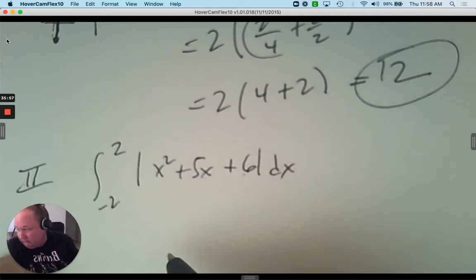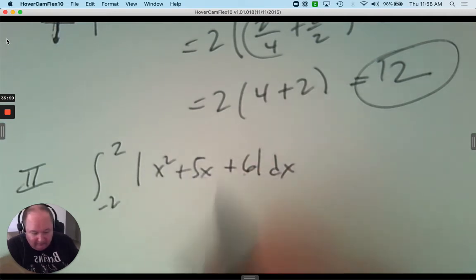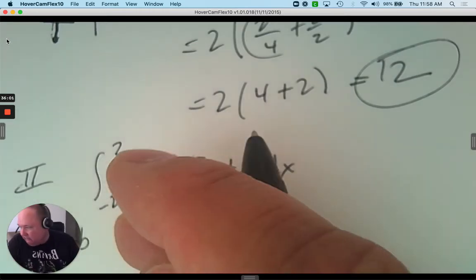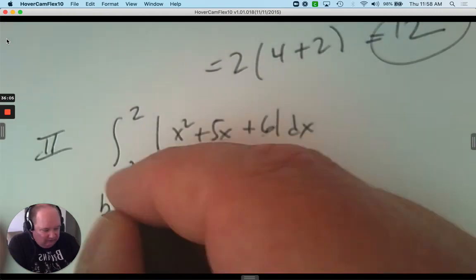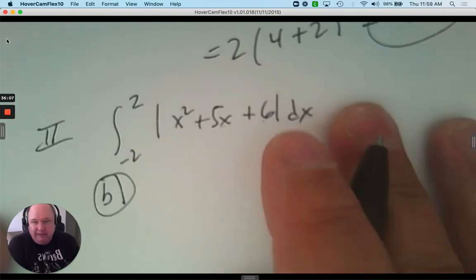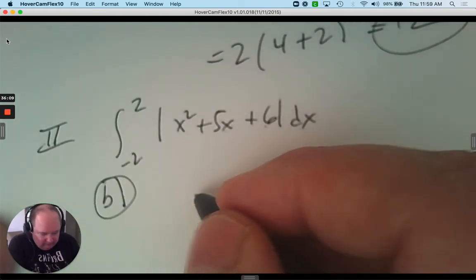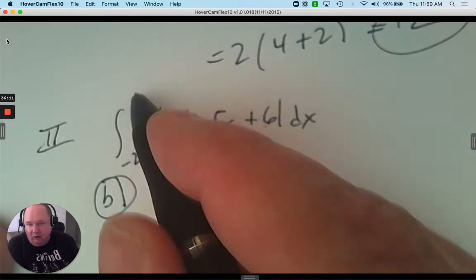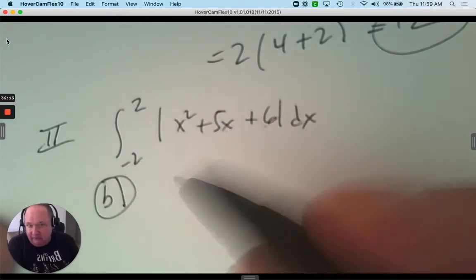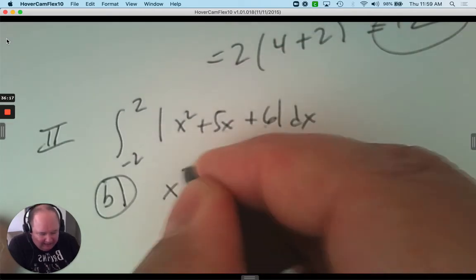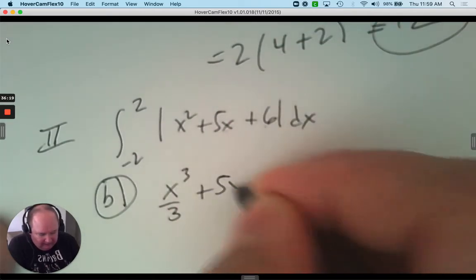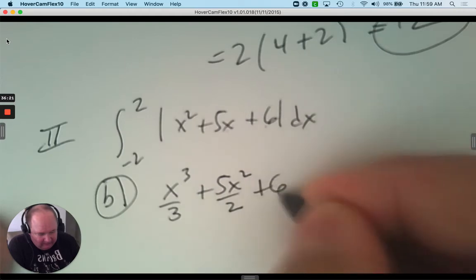So for number 2, the technique is B, that they're not even necessary. And so you would just integrate what you see. It would be B, that the bars aren't necessary, because that gives you all positive answers. You don't need the bar to change a negative number to positive. And then the integration would be add 1 to the exponent and divide, add 1 to the exponent and divide, and then 6x.